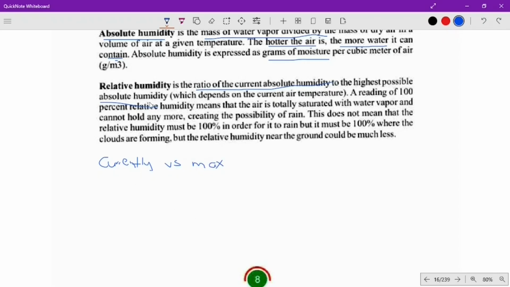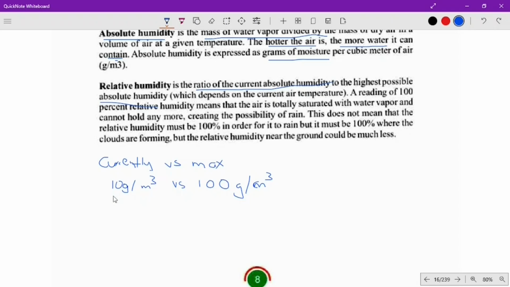This gives us a relative measure to say, currently we have, let's say, 10 grams of water vapor per cubic meter versus the maximum possible of 100 grams per cubic meter, right?